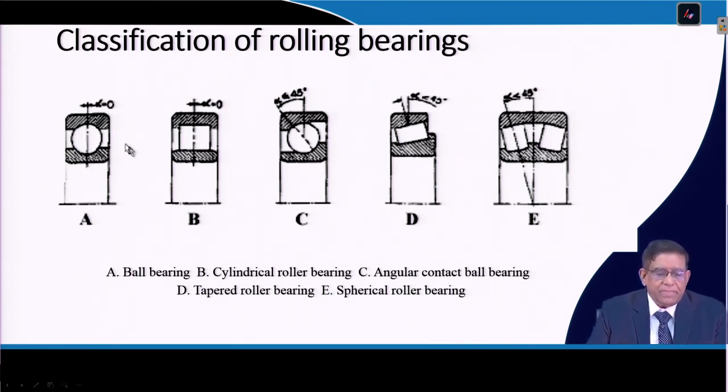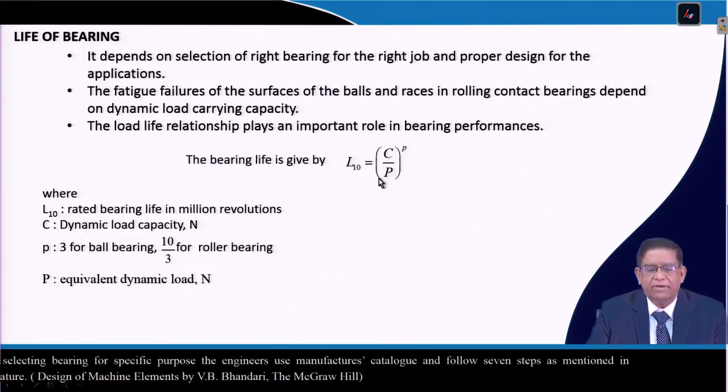Depending on the shape of the part which is rolling, the bearing gets its name, like roller bearing. There is an angular contact ball bearing, where you can see that the contact is not parallel. Similarly, there could be a tapered roller bearing, a spherical roller bearing, and many combinations of different shapes are also available.